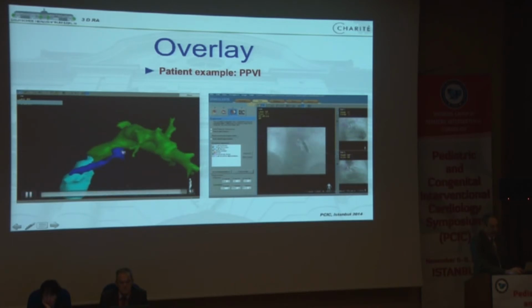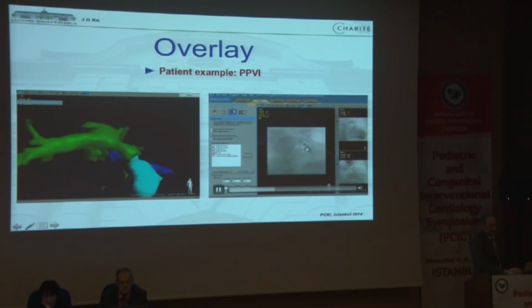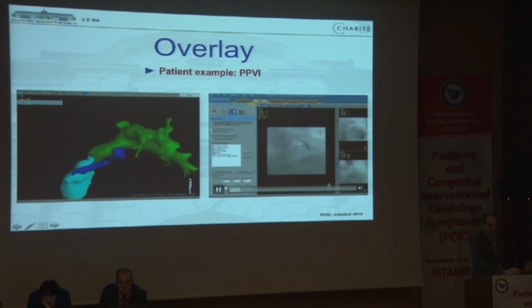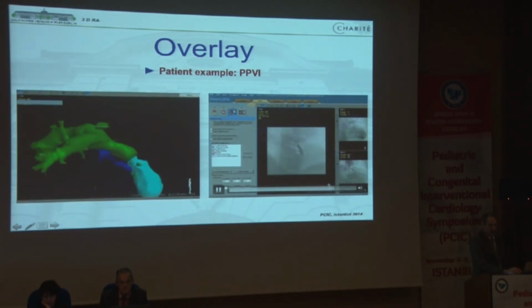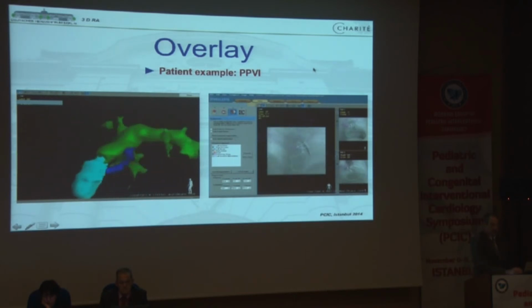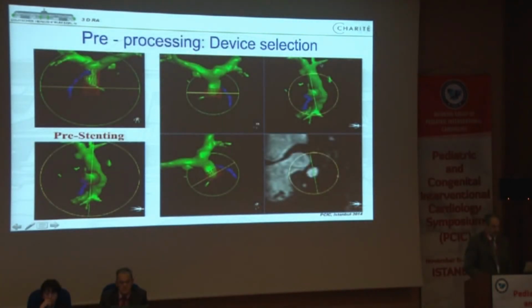Here you can see that is your information in a three-dimensional reconstruction, and you can put this for an overlay technique with the contour of the pulmonary arteries and the RVOT and the right ventricle, and you can see in this overlay projection the orientation of your stent, the placement of your stent with regard to the three-dimensional information you previously acquired.